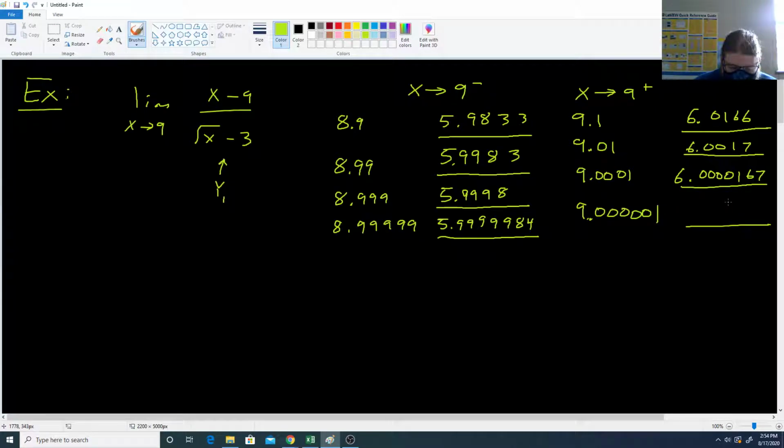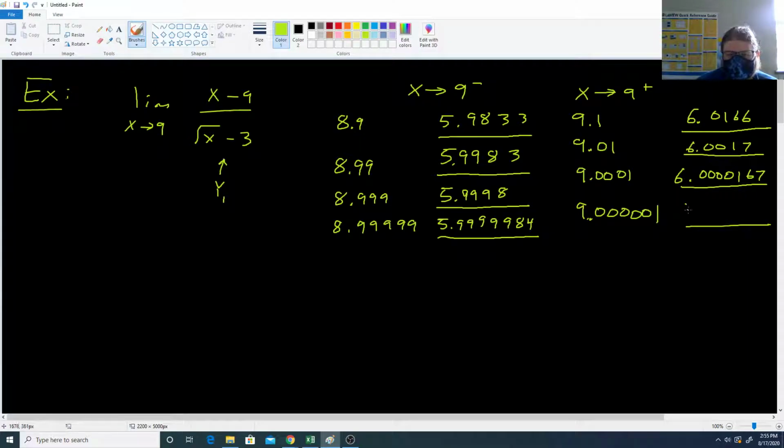And if I put 9.12345 and then a 1... whoops, that's weird, hang on. My calculator just says it's 6.